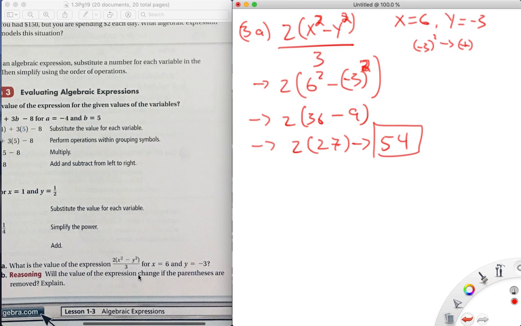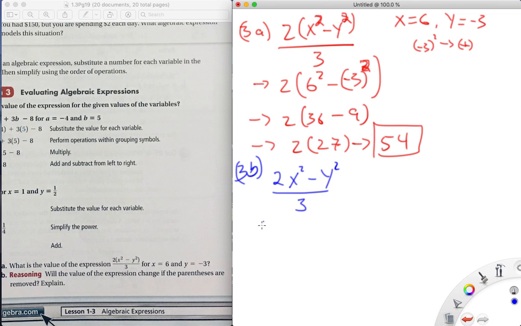The reasoning question says, will the value of the expression change if the parentheses are removed? Well, let's see. So instead of saying two times the difference of x squared and y squared, we're going to say 2 times x squared minus y squared, over 3.